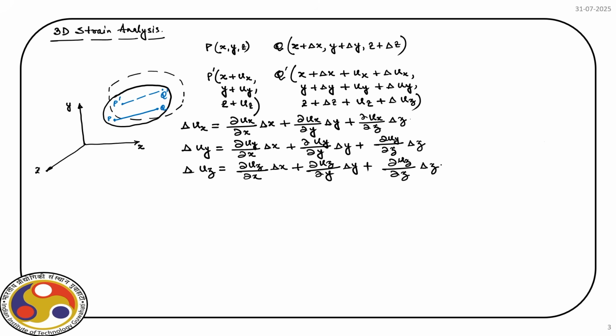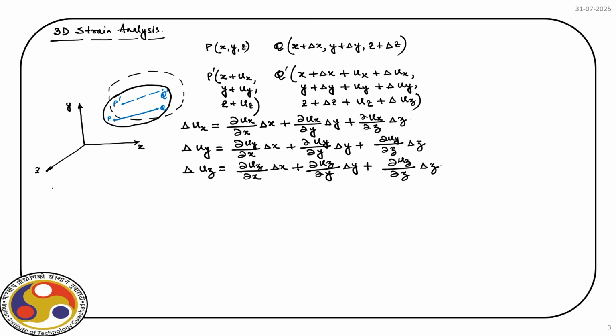Okay. So, now we can find out the length of the line PQ and P prime Q prime. The reason is, then we can quantify the strain developed over this length PQ, and that is precisely what we are going to do.